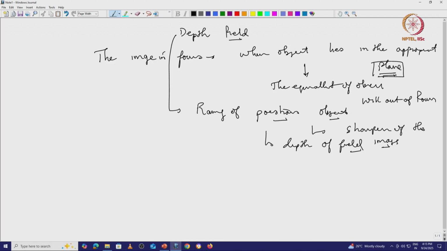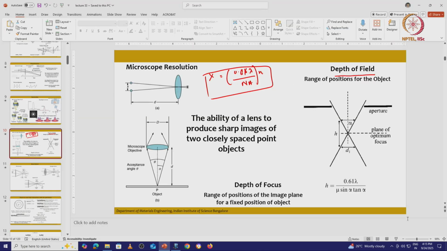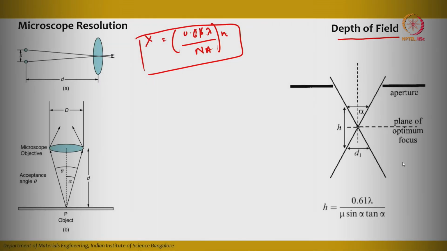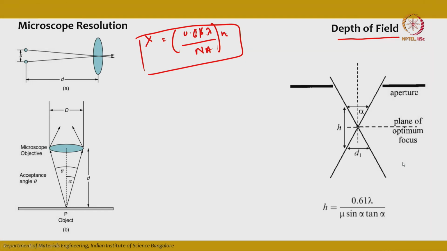Here I am showing you a figure where you can see this alpha. This particular plane is the optimum focal plane, and your beam is converging onto the sample surface.